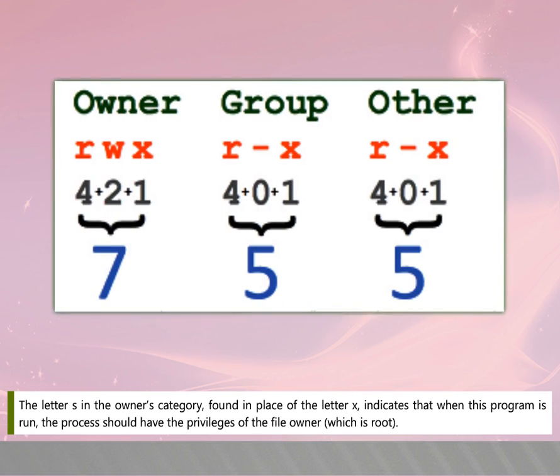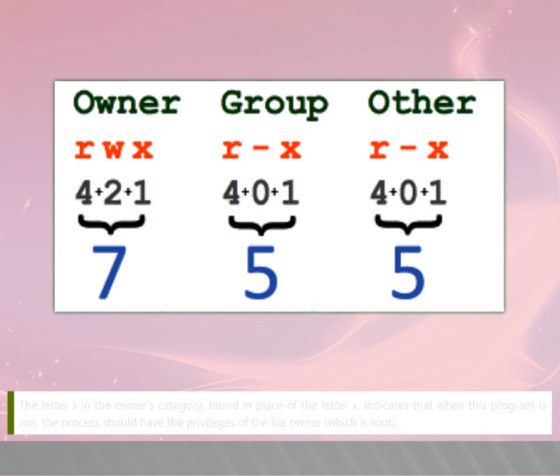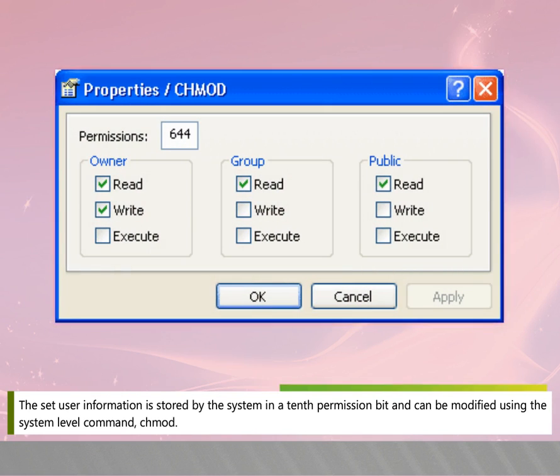The letter S in the owner's category, found in place of the letter X, indicates that when this program is run, the process should have the privileges of the file owner, that is, which is root. The set user information is stored by the system in a 10th permission bit and can be modified using the system level command chmod.